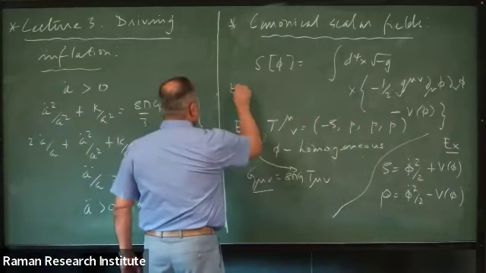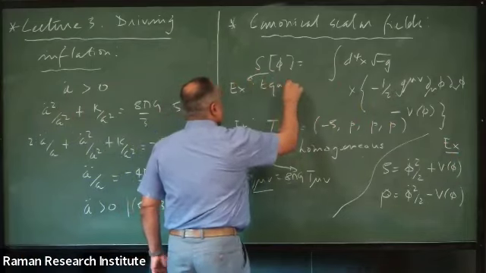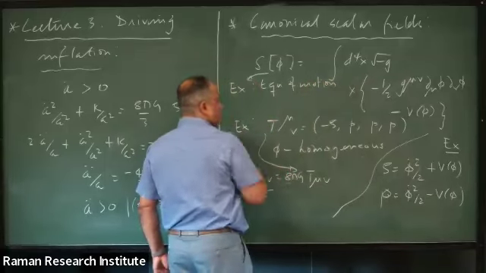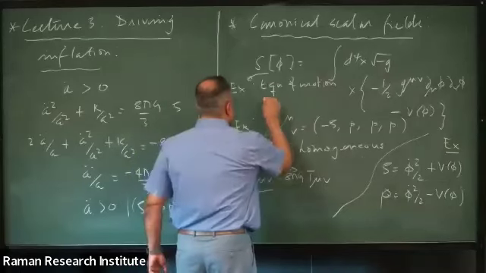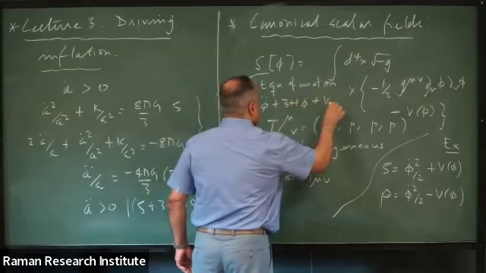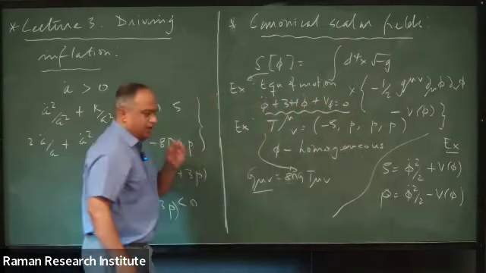The first is, arrive at the equation of motion of the scalar field, and show that in the spatially flat Friedman universe of our interest, in fact, it need not be spatially flat, this equation is phi double dot plus 3H phi dot plus V phi equal to 0. This is the equation of motion.